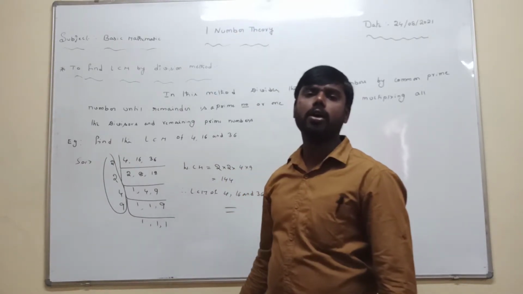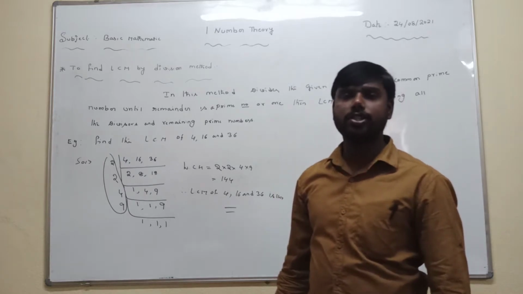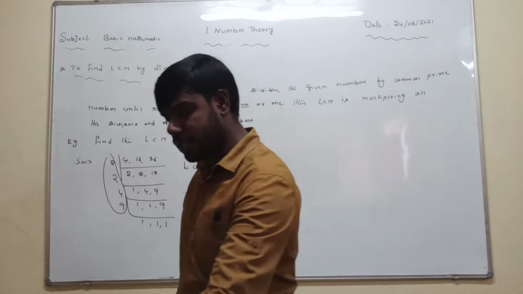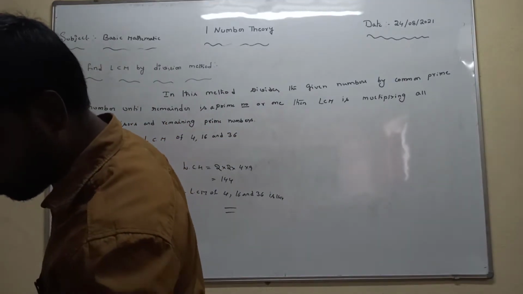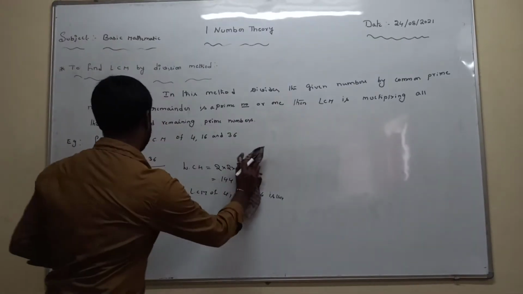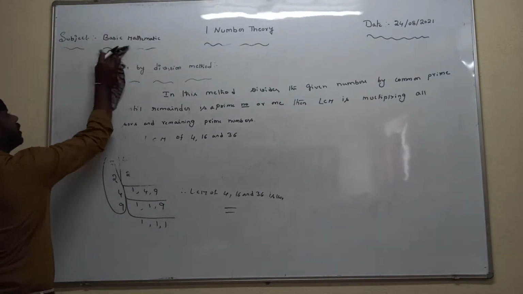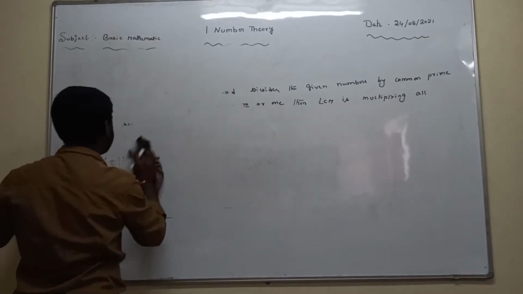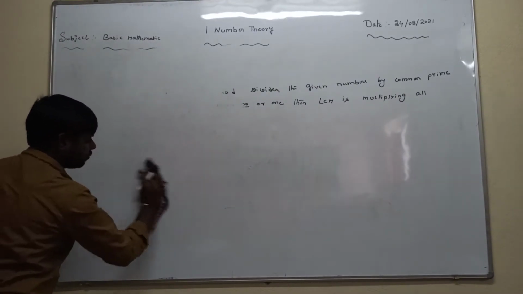This is called the division method. Do you understand? Can I go to exercise 1.2, question number 2? I think everyone understands this method. So by using this method, we need to solve LCM by the division method.